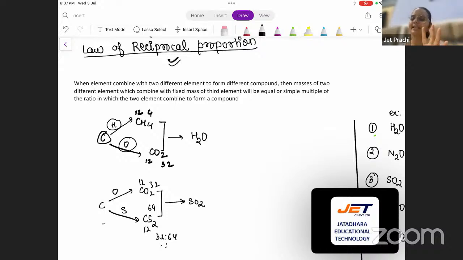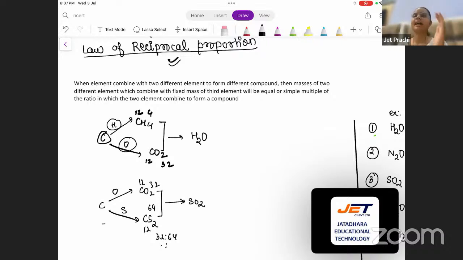If I see the compound that is formed by carbon and hydrogen, then the compound that will come to our mind will be CH4. We can take any other compound also. And if I look at carbon and oxygen, then the compound formed by the combination of carbon and oxygen will be CO2.